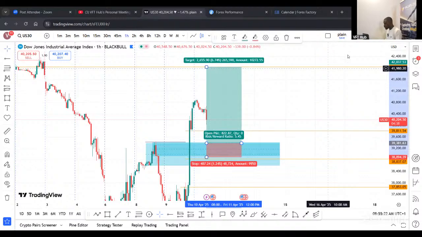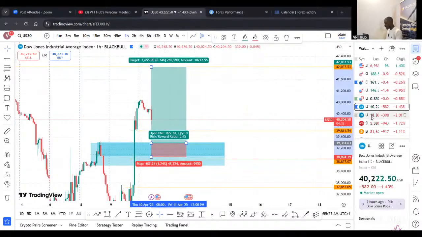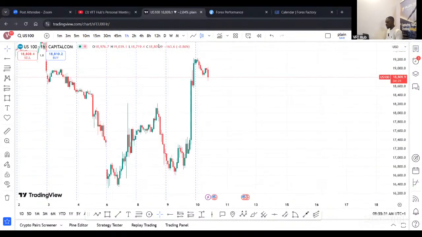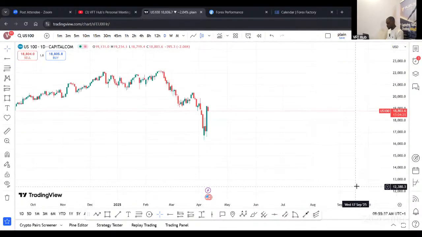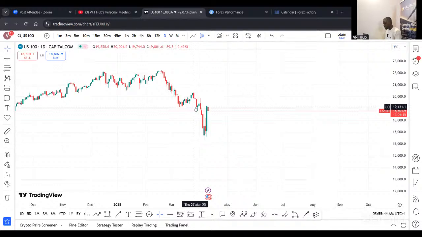So moving on, we'll be looking at the S&P 500 and Nasdaq. Let's look at Nasdaq first. All of them have similar analysis, because their play is so related. On the daily time frame, we also saw markets reacting off from this order block and selling off.